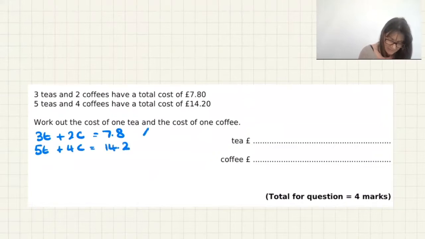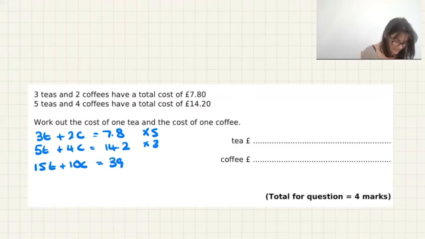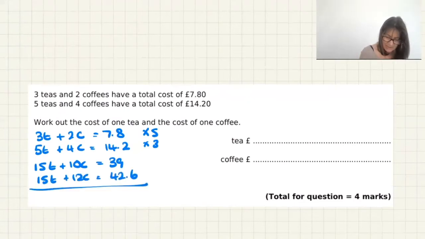I'm going to be multiplying this one by 5, this one by 3 in order to get that first term to match. That is going to give me 15t plus 10c equaling 39, and 15t plus 12c equaling 42.6. So we do our take away.